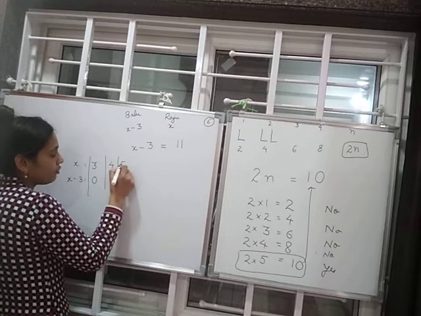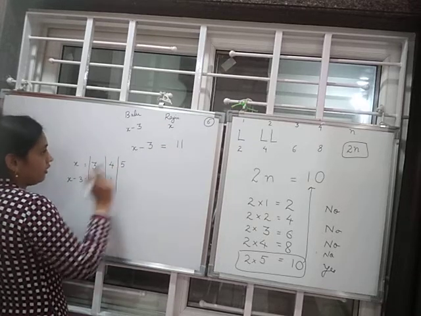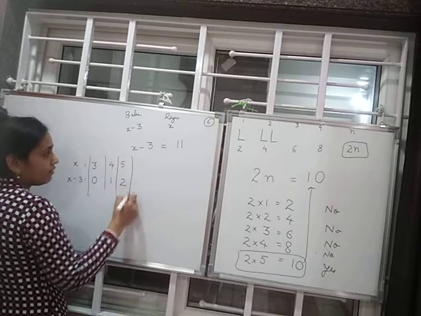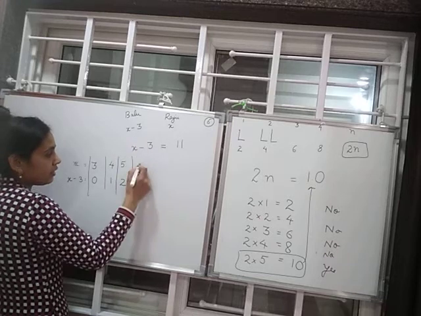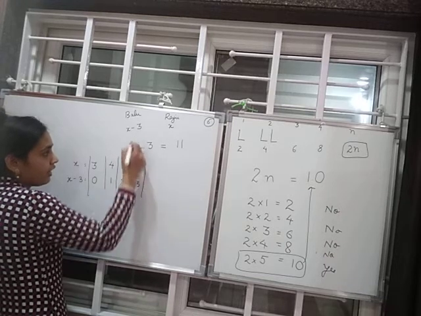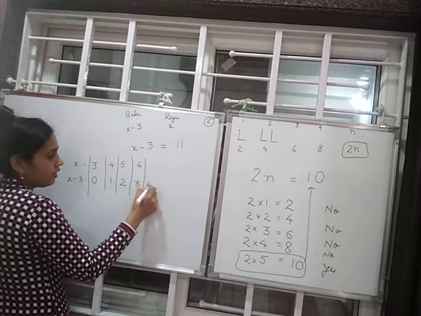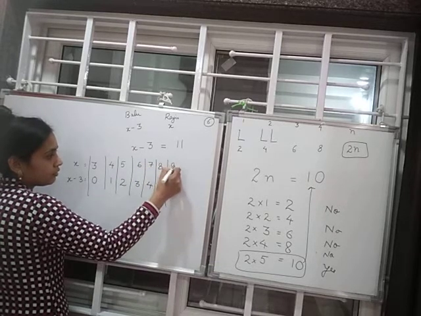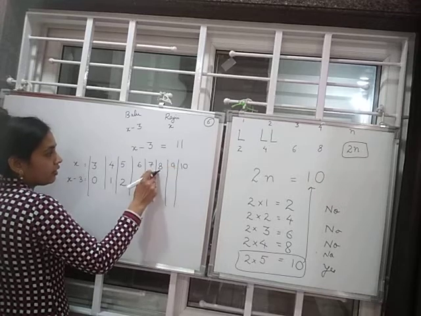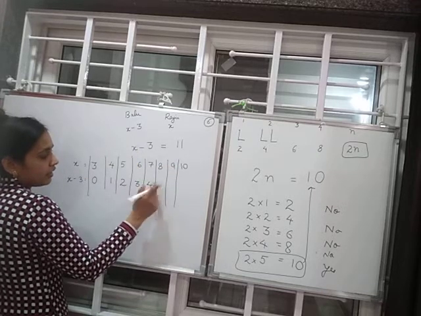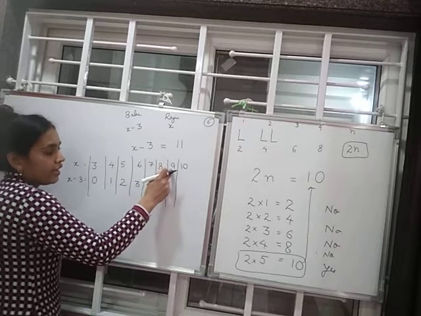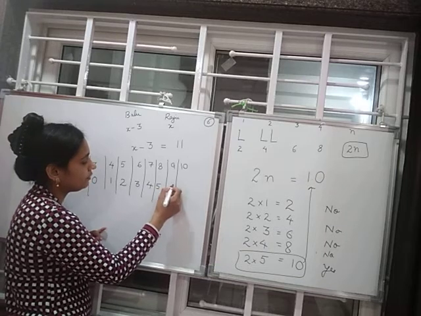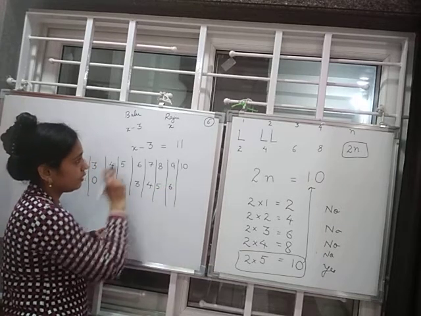If x is equal to 5, then here 5 will come. 5 minus 3, 2. Then x minus 3, 4. Let's do till 10. If x is equal to 9, x minus 3 is, the value will be 6. 9 minus 3 gives us 6.